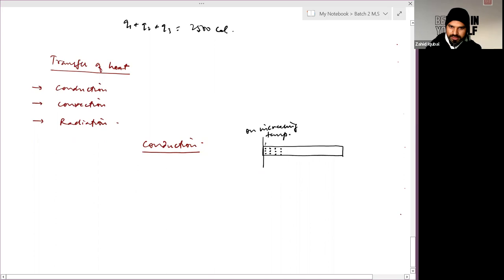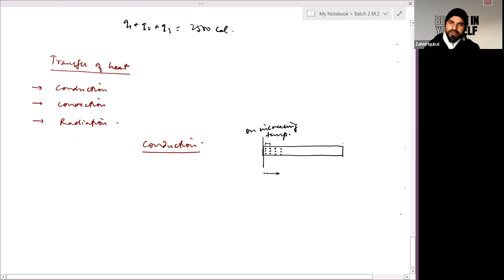Initially, these particles vibrate up to this small distance. Now, vibrational energy increases, so they vibrate to a larger distance. As a result, they collide with neighboring particles, during which some of their energy gets transferred from one particle to another.